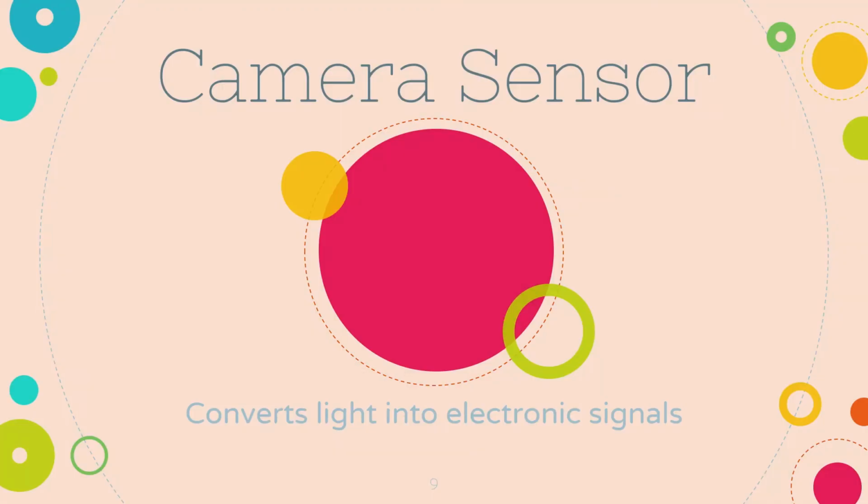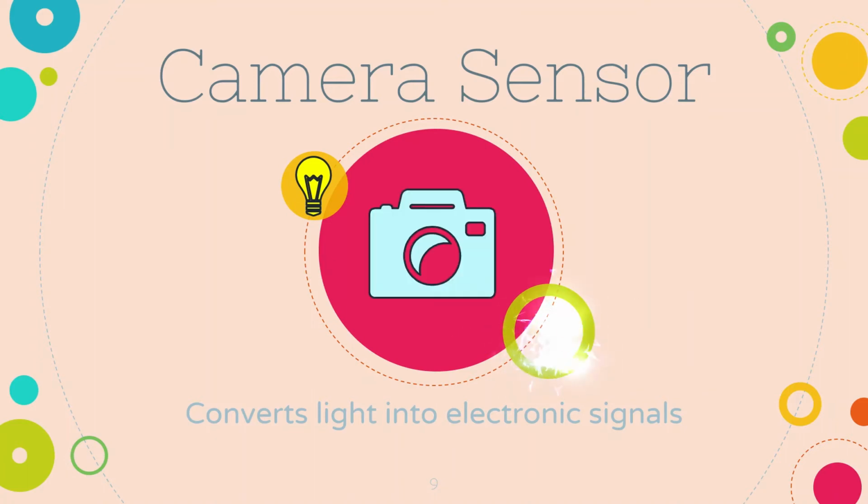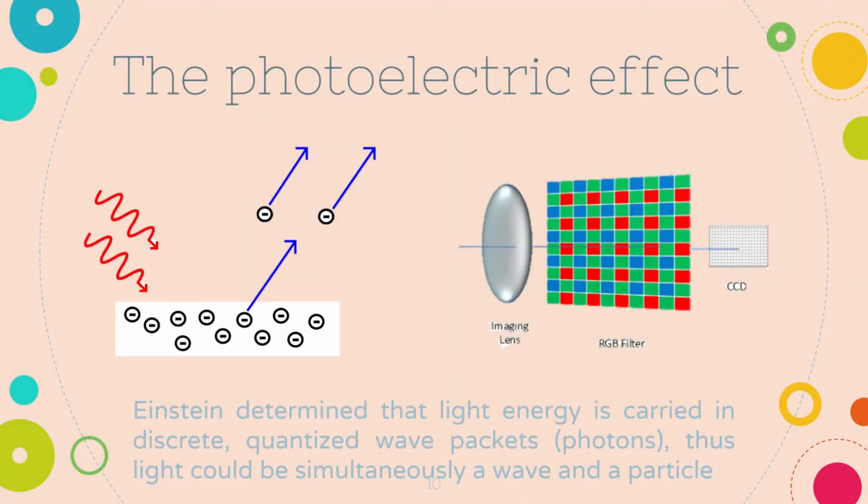To keep it very simple, a camera sensor functions in a way that light passes through the sensor, and it takes that light energy and converts it into electronic signals, which is what you know as images. So, the photoelectric effect. Early on, scientists thought light was made of particles around the 1600s, while others theorized light was a wave.